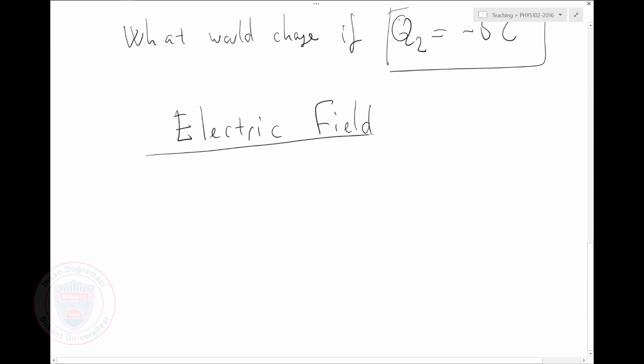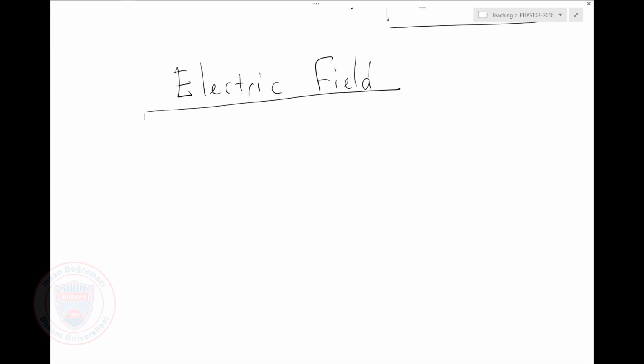I'll define the electric field. If I have a charge Q that's seeing an electrical force F, it's seeing this electrical force because there is actually an electric field E at that point in space.